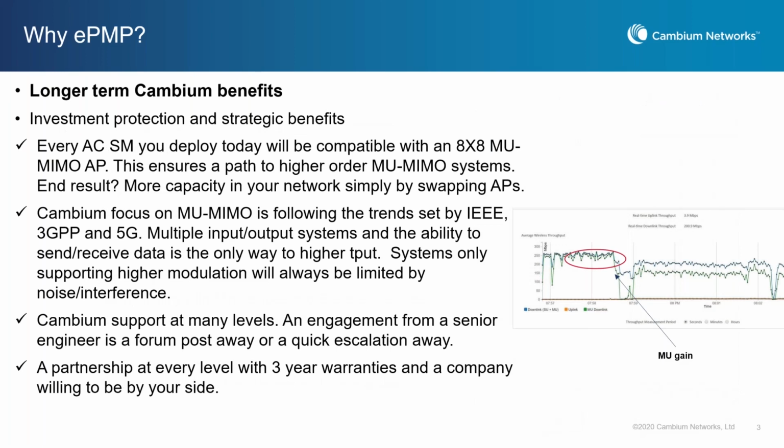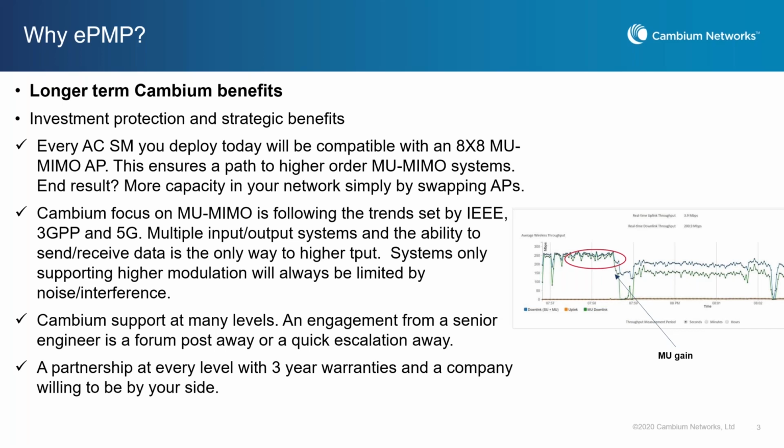So this gets into a little bit of the longer term strategic benefit of deploying ePMP, and you're going to hear some of that payoff on that investment today, where every Force 300, we call them 802.11 AC Wave 2, or simplified as the Force 300 subscriber module series. Every one of those that you deploy today will interoperate with our next gen 5 gigahertz solutions.